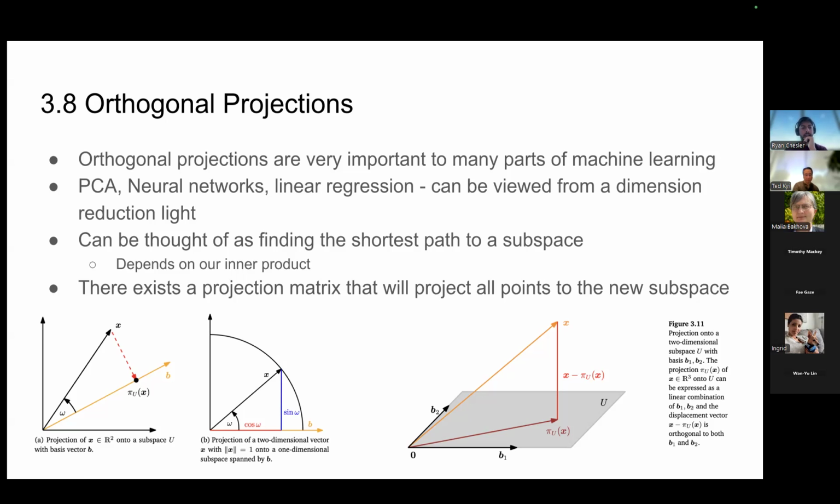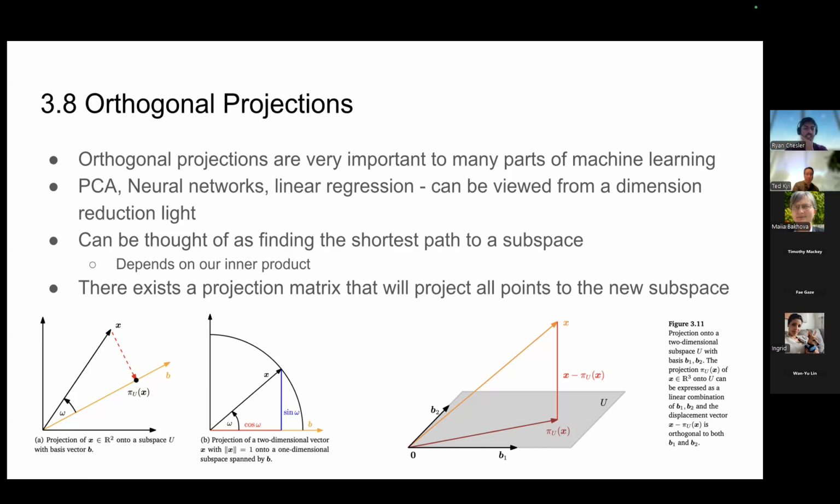You can think of this as finding the shortest path to a subspace. That shortest path actually depends on the inner product that you choose. For the dot product it might be one thing, and for the other one that we saw, or any of the different options you can pick, that might change what you choose as the shortest path.